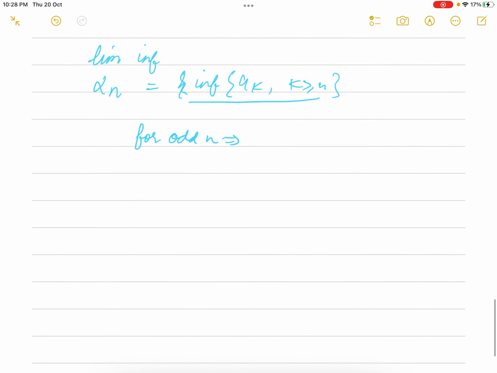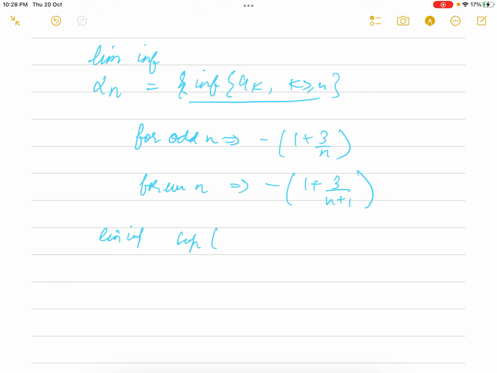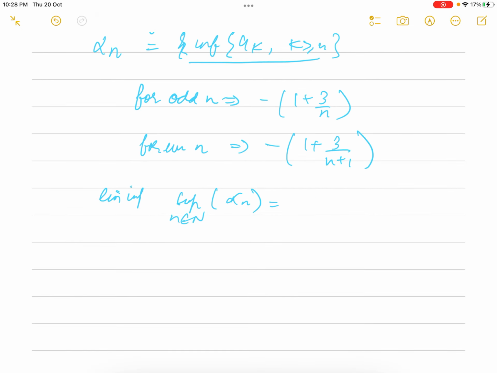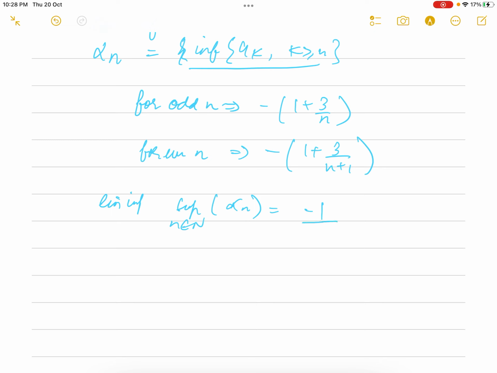So this is minus 1 plus 3 by n, and for even n, it is going to be minus 1 plus 3 by n plus 1. And so lim inf is computed by calculating the supremum over n of alpha n, which is minus 1, because as n tends to infinity, 1 upon n and 1 upon n plus 1 approach 0.